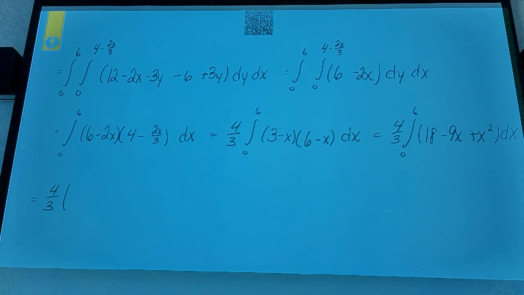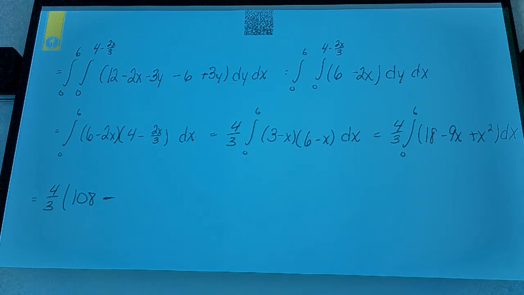What is 18 times 6? 60 and 48, 108. It's going to be 9 halves, and then 36, 18.